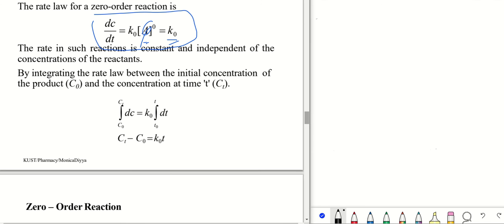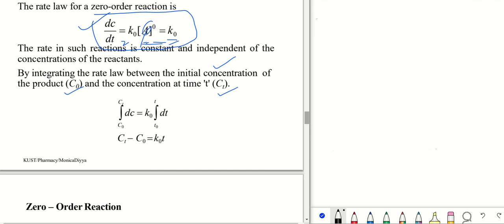Normally this equation is known as the rate law: the change in concentration with respect to time is equal to the rate constant times the product of the concentrations of reactants. We need to integrate this rate law between the initial concentration at the beginning of the reaction, C naught, and the concentration at the particular time interval we want to check, so it will be Ct.